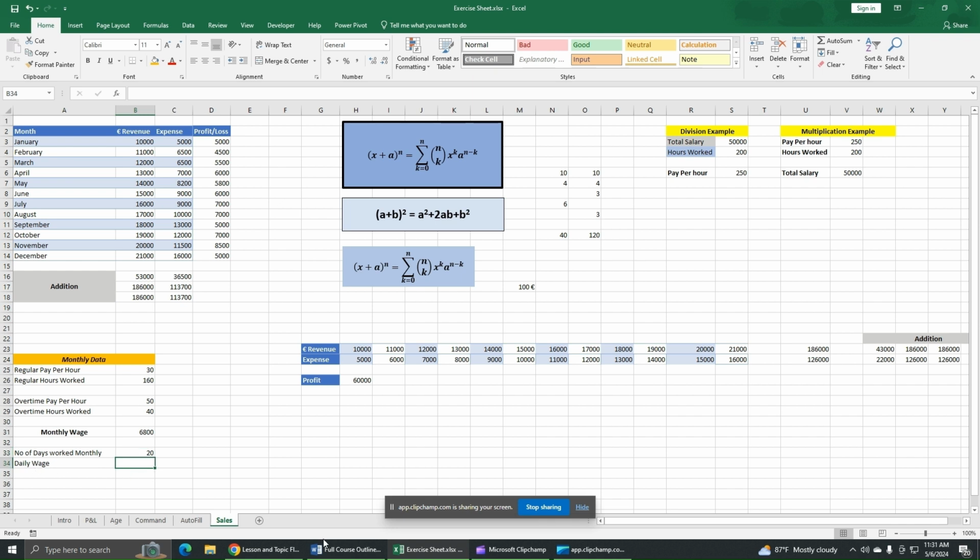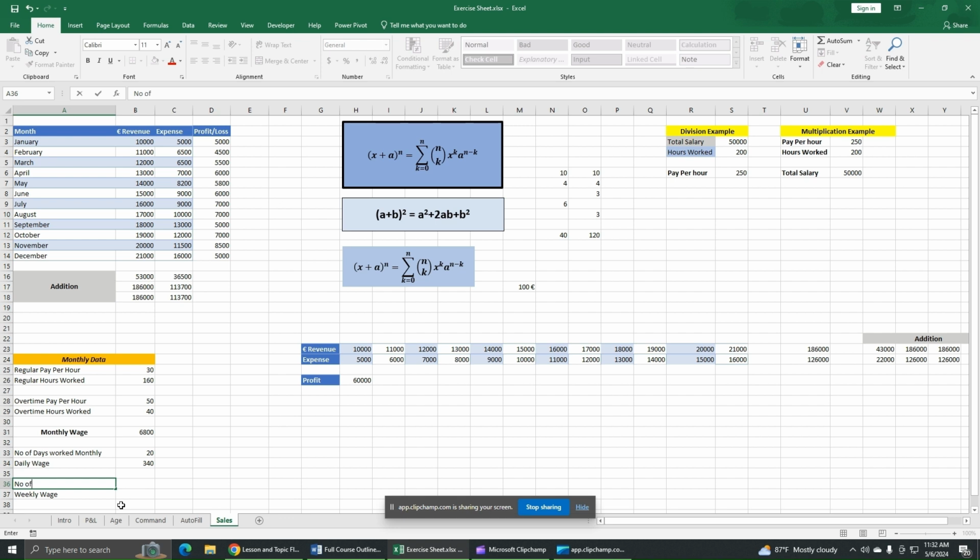So what is his daily wage? Start with the equal sign. This is his monthly wage. Take this, divide. He worked a total of 20 days. Okay, press enter. So 340 is his daily wage. This is how we can calculate his daily wage. What is his weekly wage? To calculate that, we need to know how many weeks he worked.